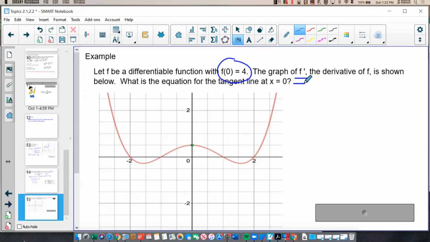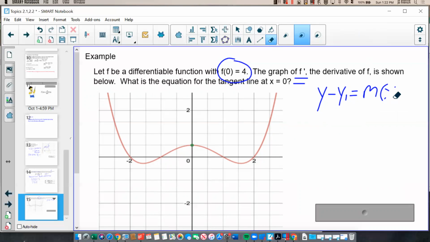So for the equation for a line, we like to use the point-slope formula, y minus y1 equals m times x minus x1. And they give us our values for x1 and y1 right here, 0, 4. So x1 is 0, y1 is 4.